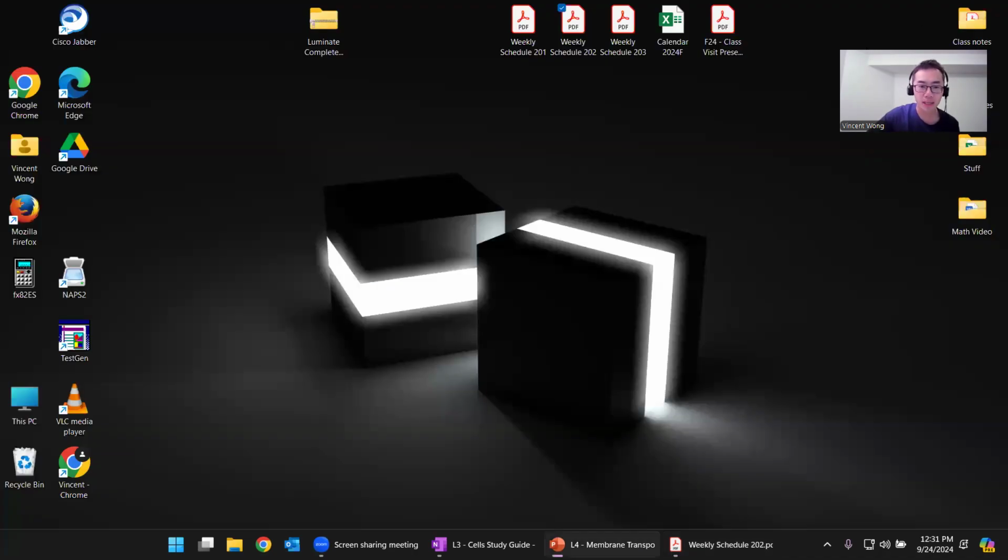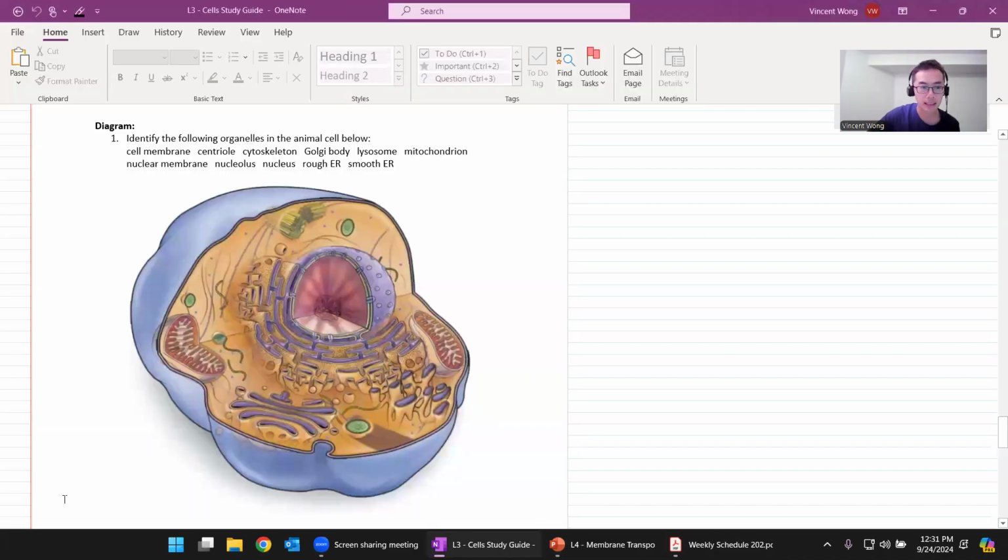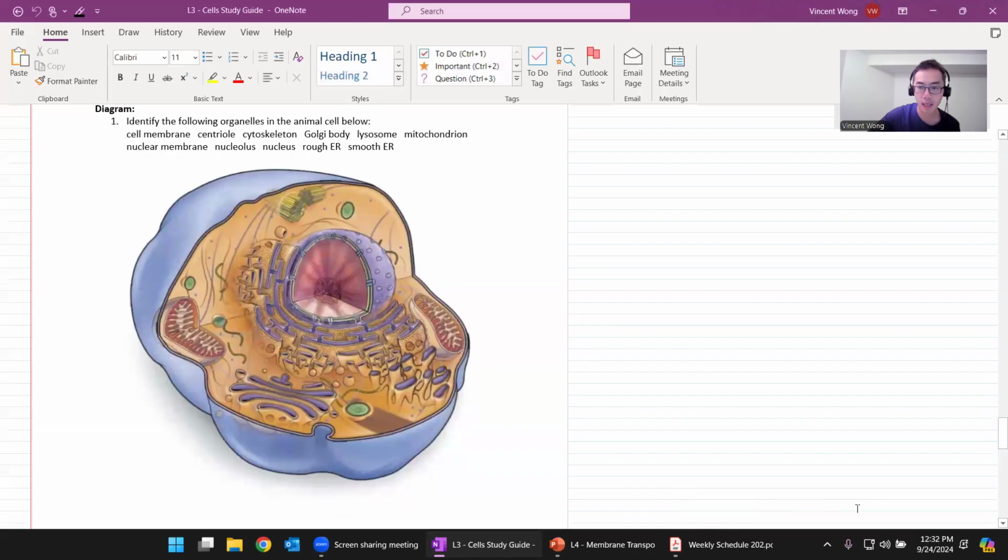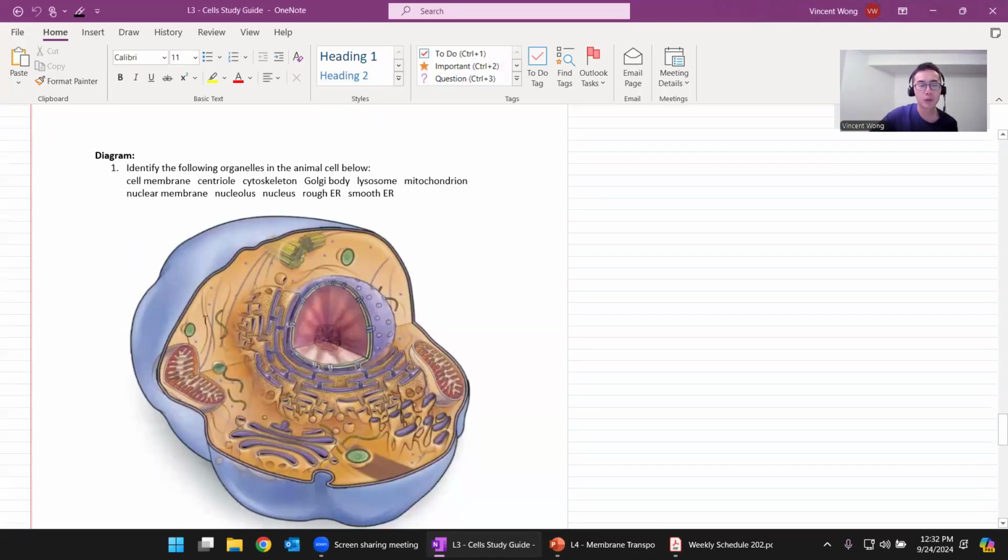We do have a bit of time today, so I think we're just going to slow down a little bit and maybe do a little bit of review for lecture 3 before diving into lecture 4. There is a diagram that looks like this in the lecture 3 study guide.